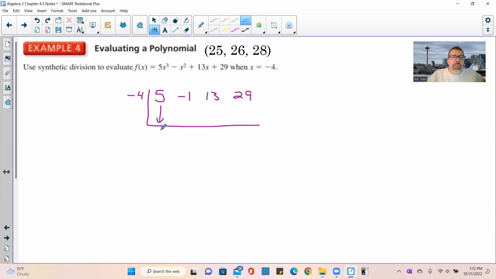We bring down our first term, 5. -4 times 5 is -20. -1 plus -20 is -21. Negative times a negative is positive. 4 times 21 is 84. 84 plus 13 is 97. Numbers are getting pretty big here. All right, so we take 97 times -4.